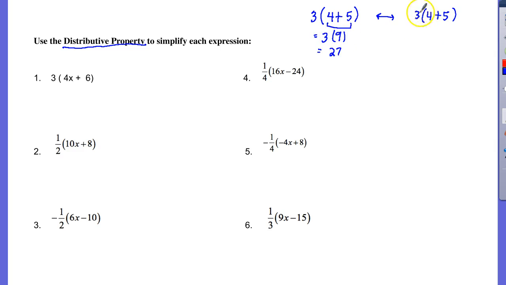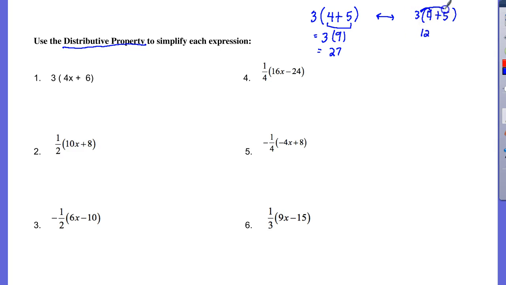Over here, I will distribute the 3. When you say distribute, the definition of distribute is basically you're giving something to each of those members inside your parentheses. So this means 3 times everything inside. So this is 3 times 4, that is 12.